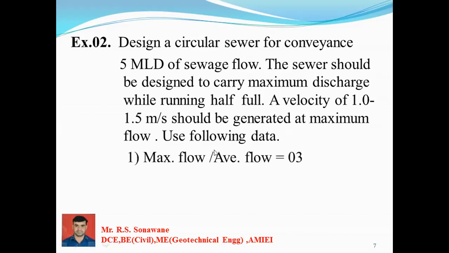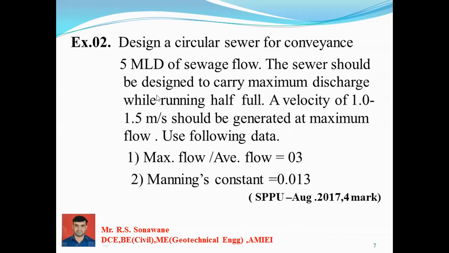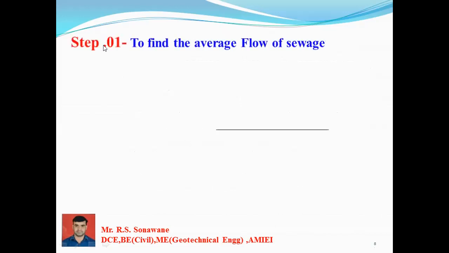Use the following data: maximum flow by average flow is equal to 3, and the constant n is equal to 0.013. This example was asked in SPB University August 2017 for 4 marks.